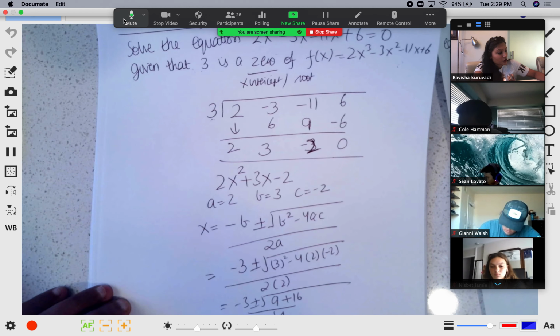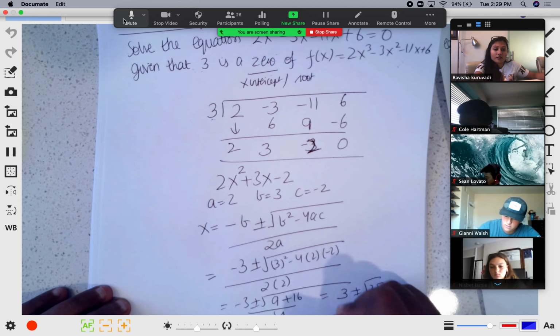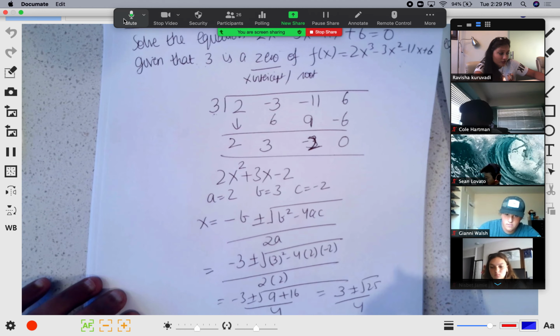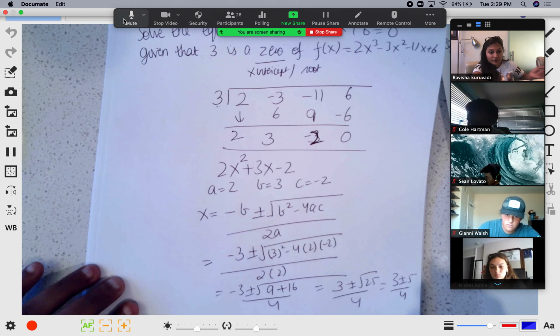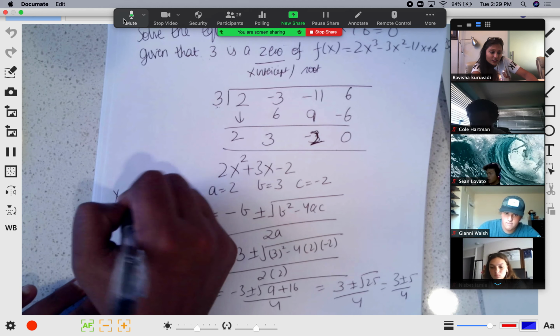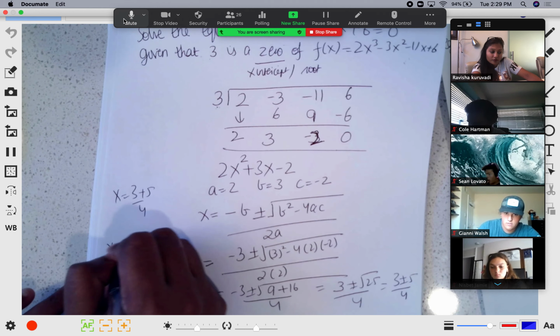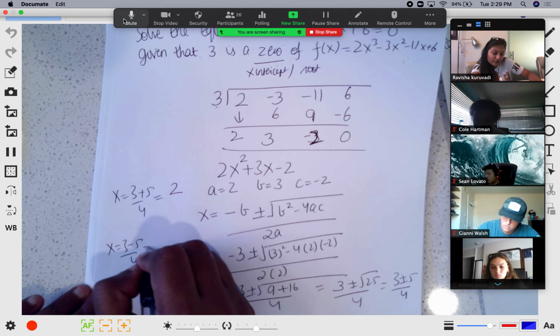Which is basically equal to 3 plus minus square root of 25 over 4. When you solve, you get 3 plus minus 5 over 4. So x is equal to 3 plus 5 over 4 and x is equal to 3 minus 5 over 4. 8 over 4, which is 2, and -2 over 4 is -1 over 2.